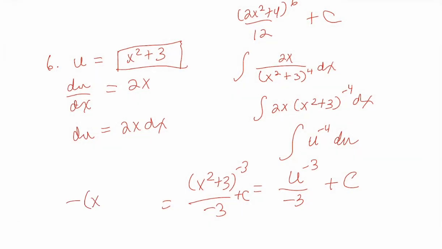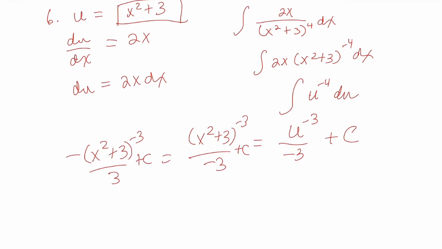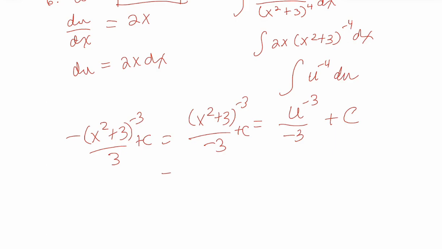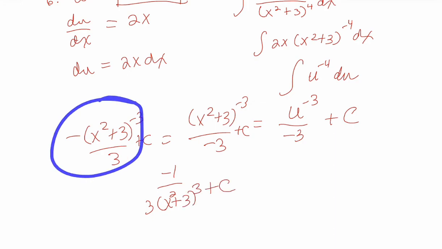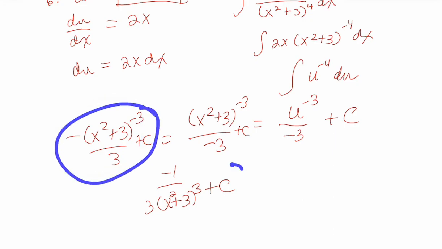So you can write your answer like this. You could also write your answer as that. So I'll accept this one or this one as your final answer. Okay, any questions about that one?